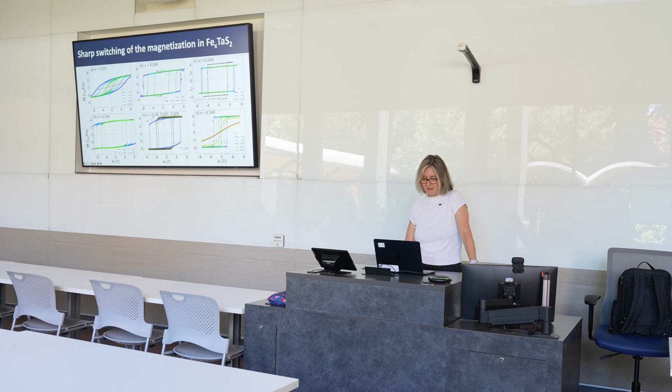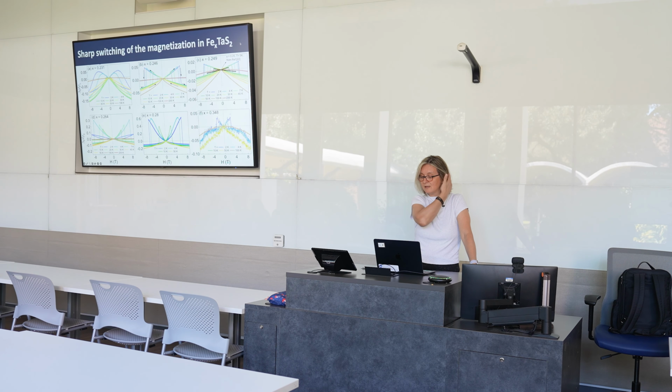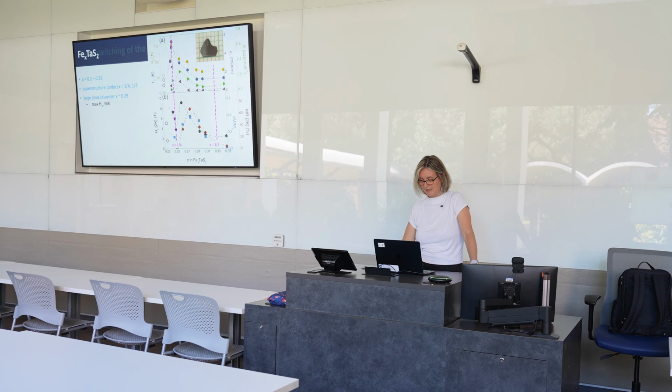And notice that the fields at which the switching happens can be very large, more than 7 Tesla in this case, and then 3 or 4 or 6 Tesla in this case, etc. And as a function of the composition, there's great variability in these properties, and that's reflected also in the transport. And this is the summary of the magnetoresistance for the exact same compositions.